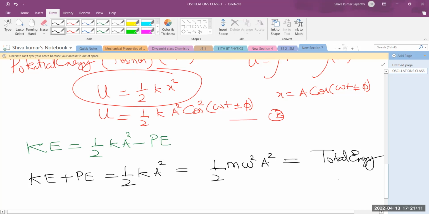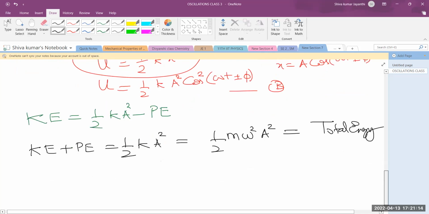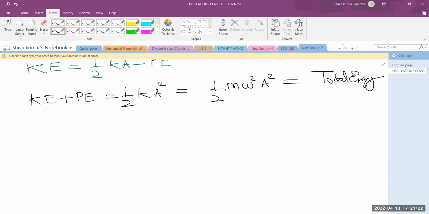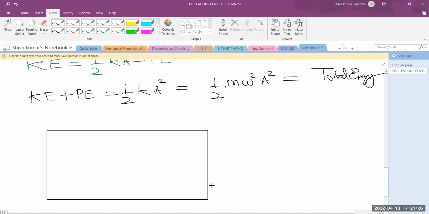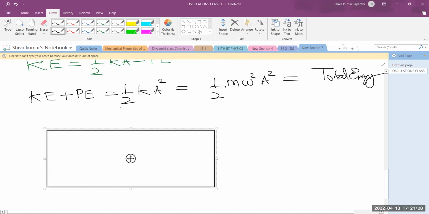Now if you plot a graph, you will understand what it looks like. You have some idea of this graph from the chapter work power energy. I am plotting potential energy and kinetic energy.